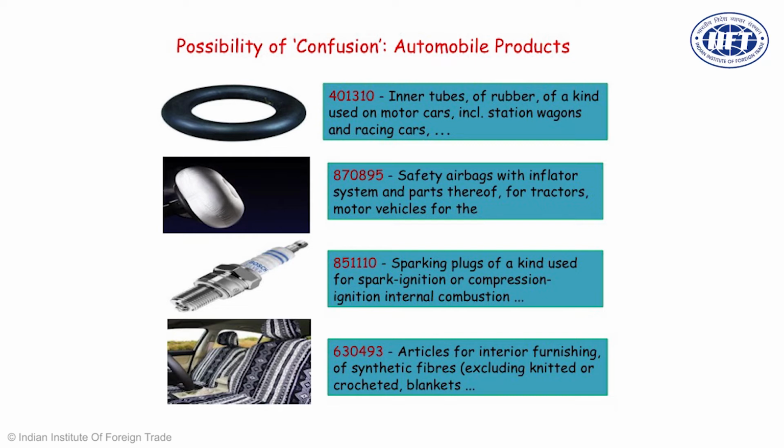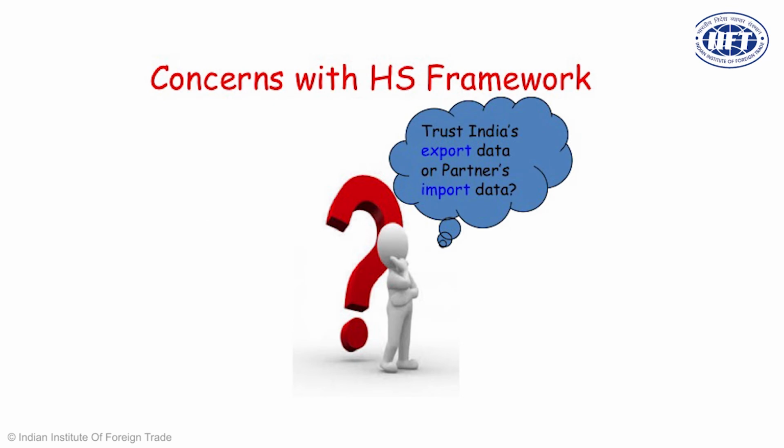Now, let's come to the issues that we might be facing with the harmonized system framework. The harmonized system, we know, will match the product code that you are exporting from India to the importing country only up to 6 digits. But can the HS code have certain concerns, or certain caution that you need to adopt?